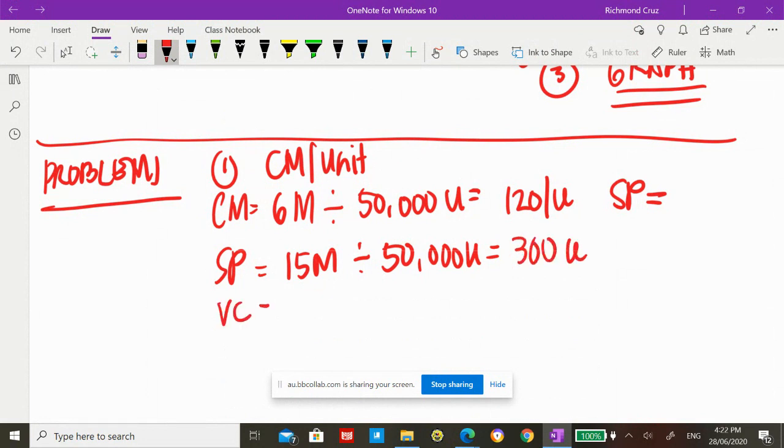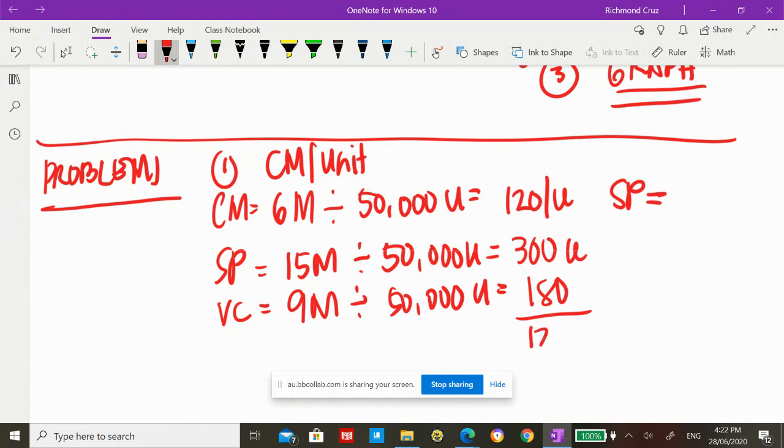Then, our variable cost is 9 million divided by 50,000 units. So that is 180. So 300 minus 180, lalabas 120 yung contribution margin natin.